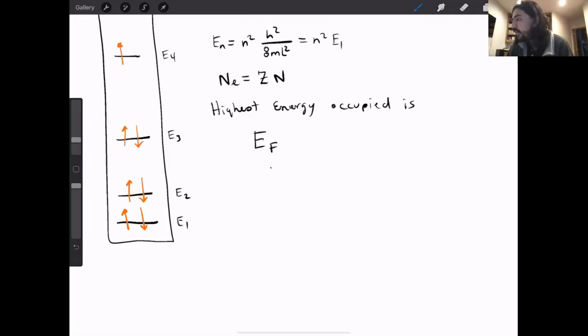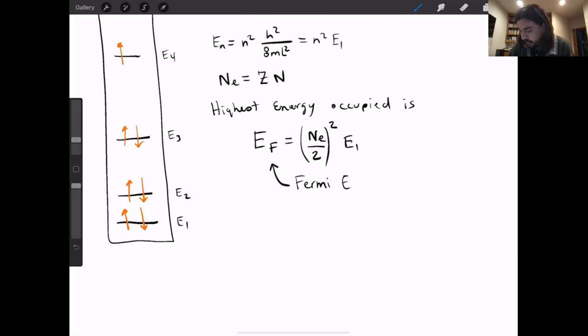That's what the little f is for. And we have the number of electrons in our system divided by 2, because there are 2 per energy level, squared, times the first eigenstate of this box. This is the Fermi energy. Very important quantity.